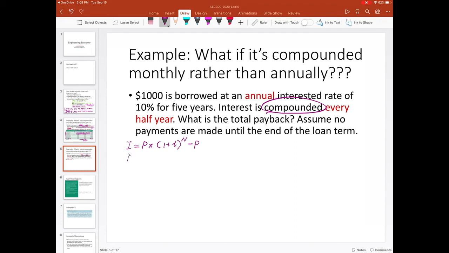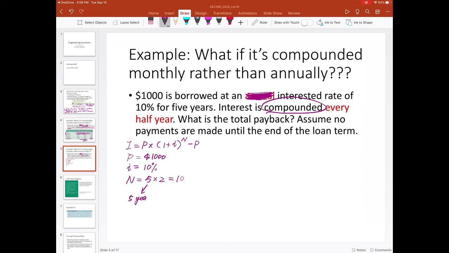Okay, and now P is the initial amount you borrowed, which is 1,000, and i is 10%. Okay, and what is n? n is not 5. n is 5 times 2, which is 10.